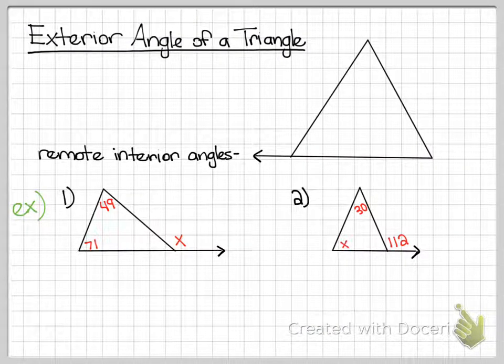All right, the next theorem we're going to look at is the exterior angle theorem. Before we go into that, we have to define what it means to be an exterior angle.